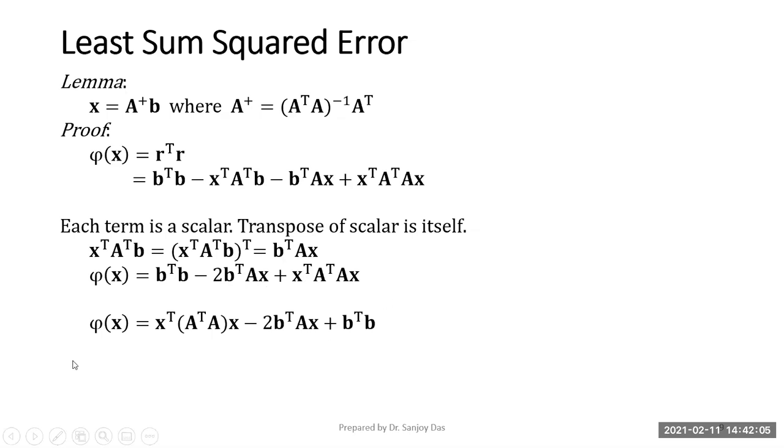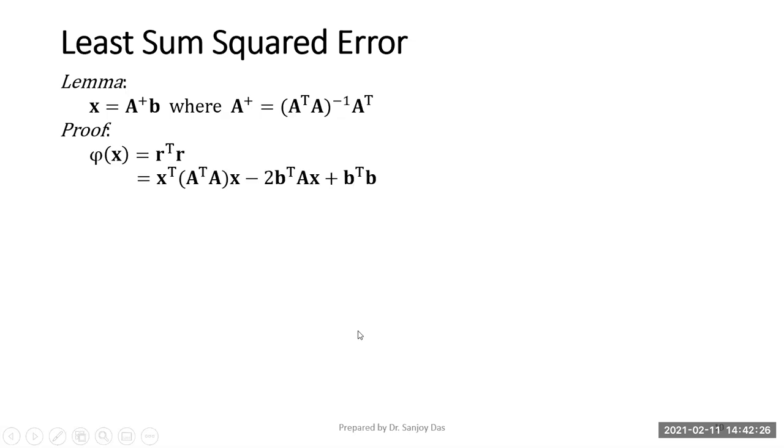Let me rearrange the equations a little bit. So phi of x is, I bring the quadratic term first. So X transpose AX minus 2 B transpose AX, and then plus B transpose B. This is what I have.